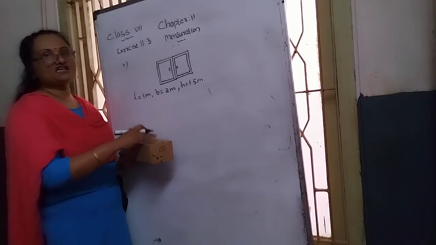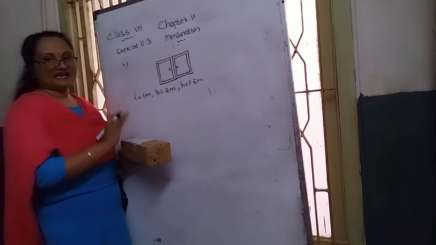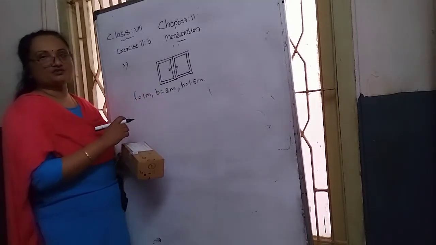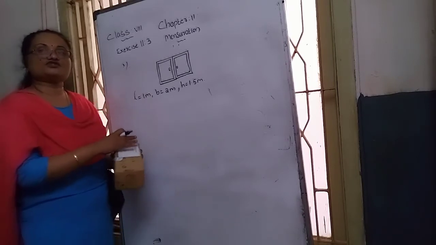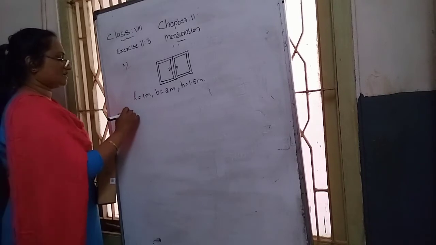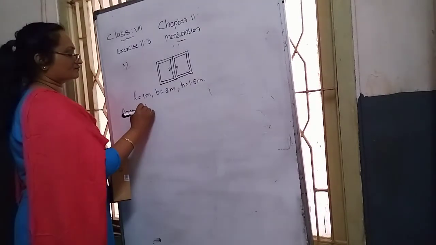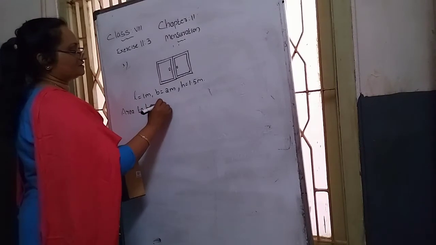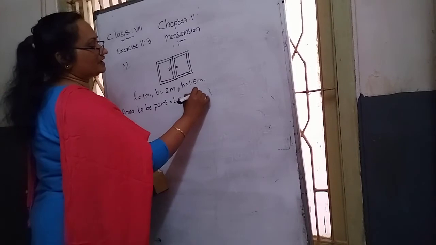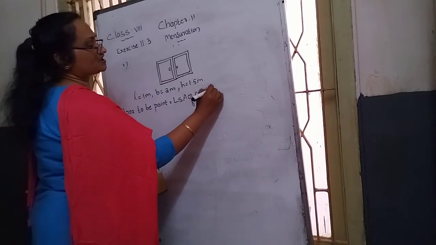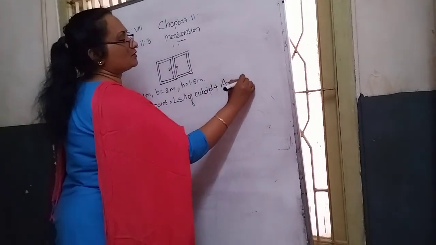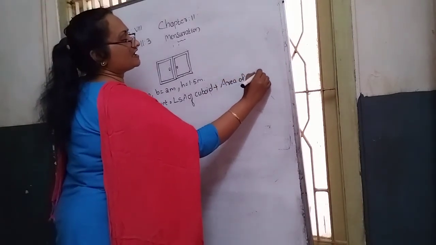Adding them, we get how much area she is going to paint. So the area to be painted is equal to the LSA of the cuboid, the cabinet being in the shape of a cuboid, plus the area of the top part, a rectangle.